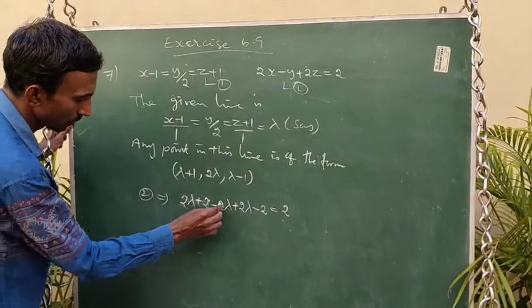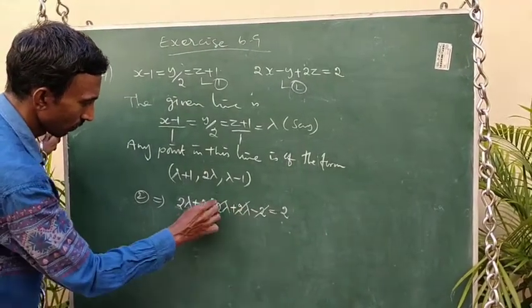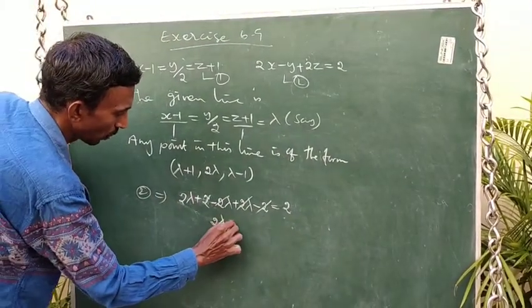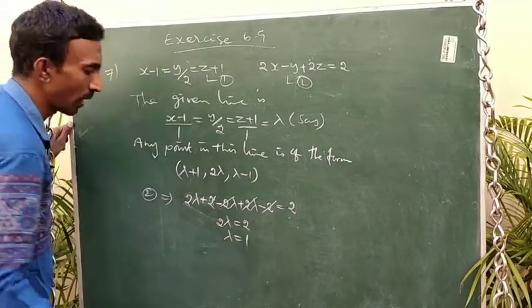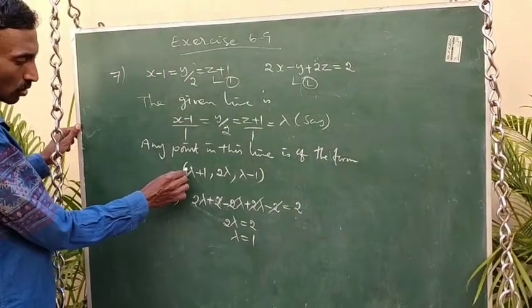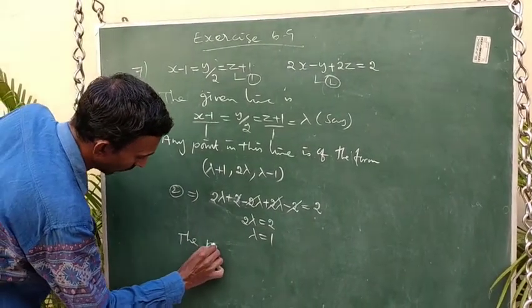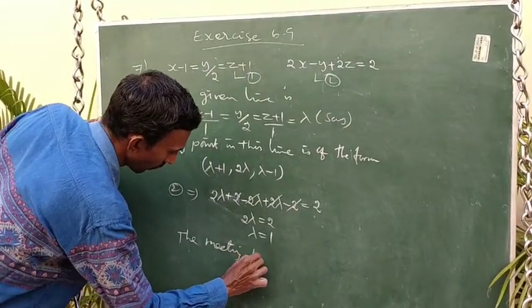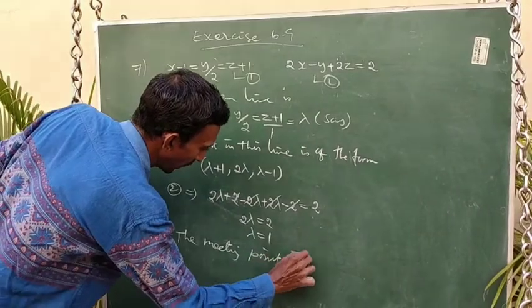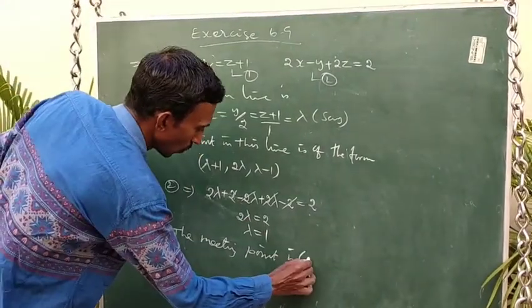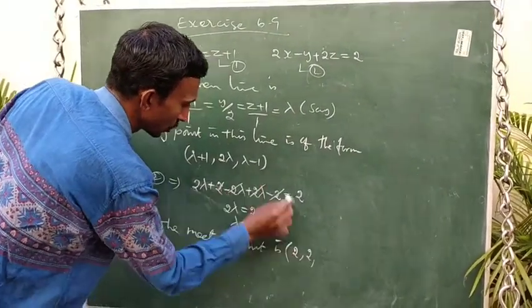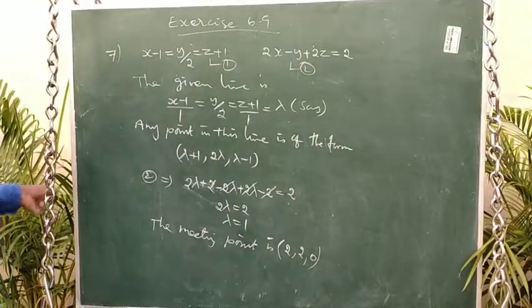Multiply: 2 lambda + 2 - 2 lambda + 2 lambda - 2 = 2. So, 2 lambda = 2, lambda = 1. Put it here: 1 + 1 = 2. So the meeting point, or the point of intersection, is (2, 2, 0). First question answer over.